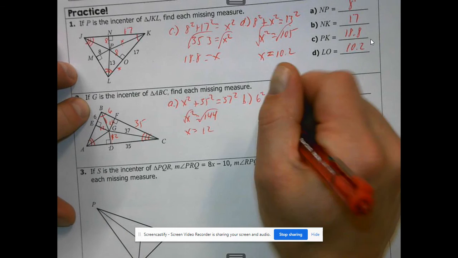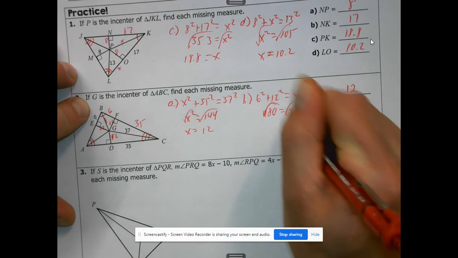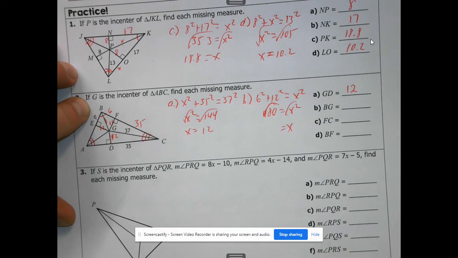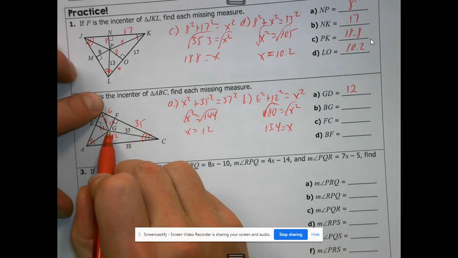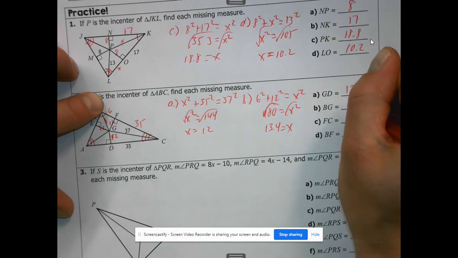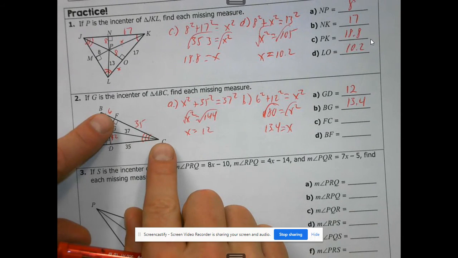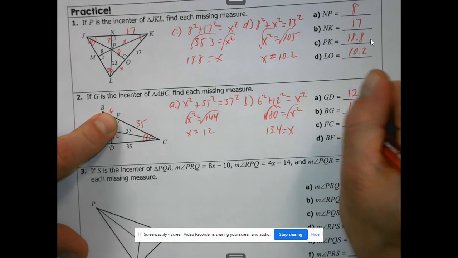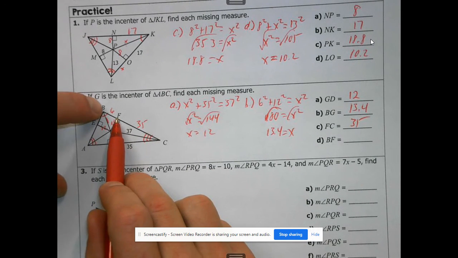Left side adds up to be 180. Then we square root that. Square root of 180 is 13.4. So from B to G right here, 13.4. Next one, F to C. We did that, 35. B to F. There it is. We did that already. That was 6.